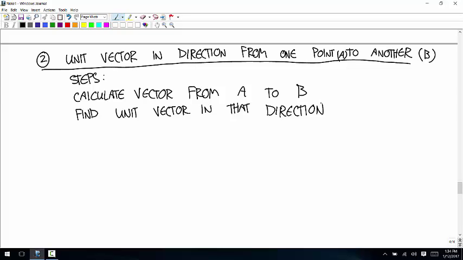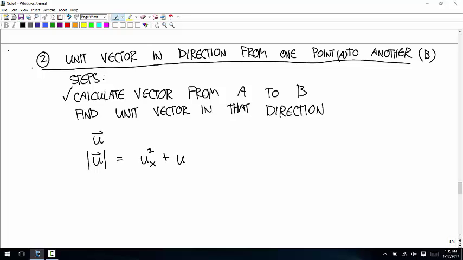We've already talked about how to calculate a vector from one point to another one, so we're already done with this. To find a unit vector in that direction, let's say that our original vector is u. The magnitude of that vector, you know how to find that.